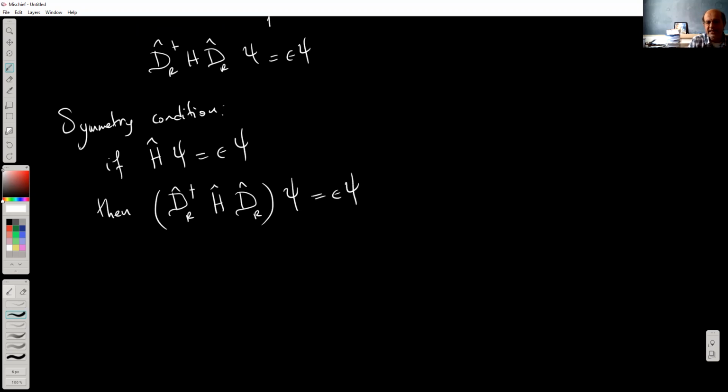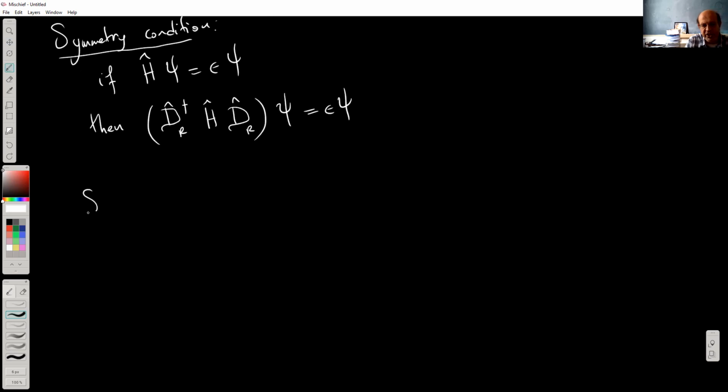I can express the symmetric condition mathematically like that. Now you can see that this can only happen if this operator is exactly the same as this operator, because we're talking about two operators with the same set of eigenvalues and the same set of eigenvectors. These two operators cannot be different from each other. As a result, this is basically the symmetry condition.